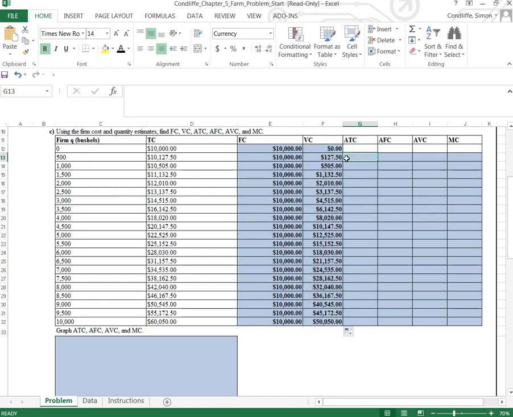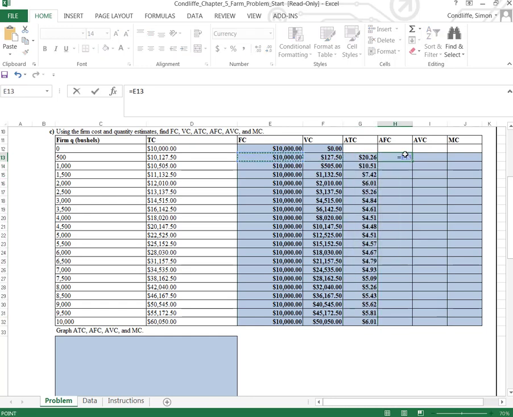Average total cost will be the total cost divided by the quantity. And as we produce more, we see that this average total cost falls, reaches a minimum, and then rises again.